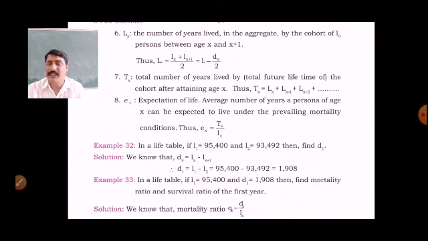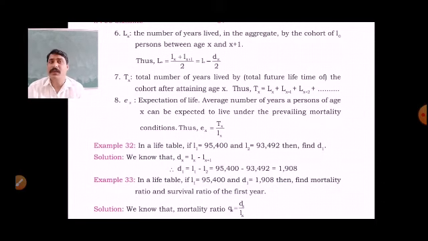So how many persons in aggregate lived in that age? Lx plus 1 divided by 2, that is 1 lakh plus 99,900 divided by 2. So we get the average, capital Lx, as 99,950.